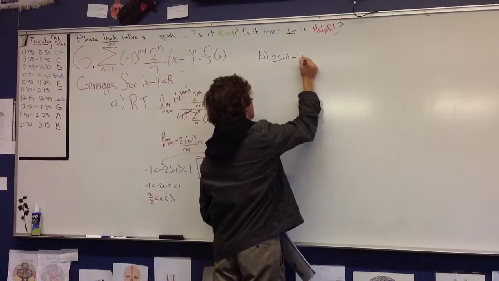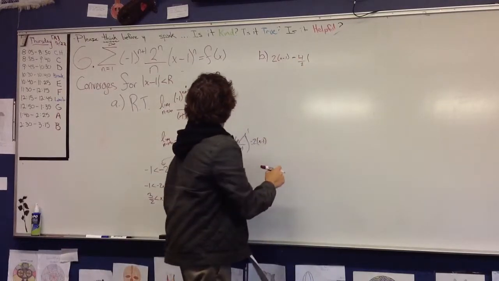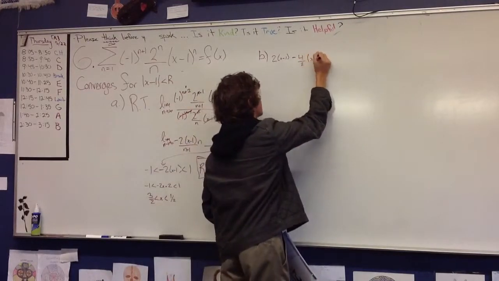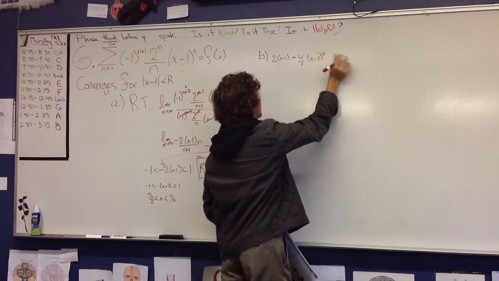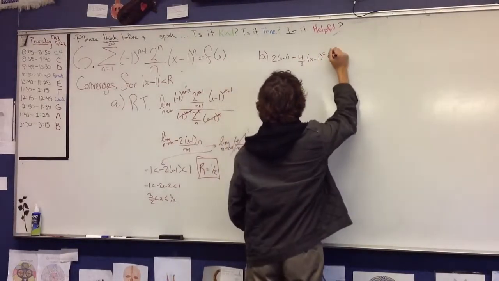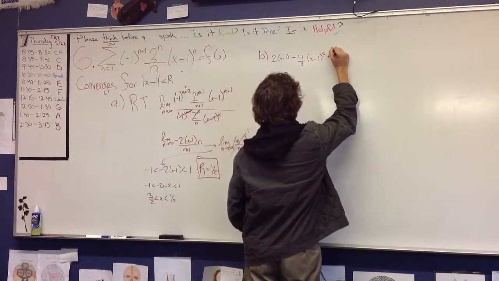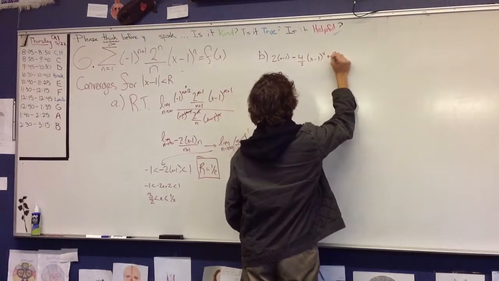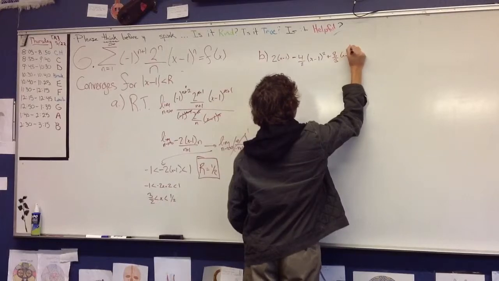I'm going to leave it unsimplified for now. Times x minus 1 squared. And then the third term will be once again positive, 2 to the 3, which is 8, over 3 times x minus 1 cubed.